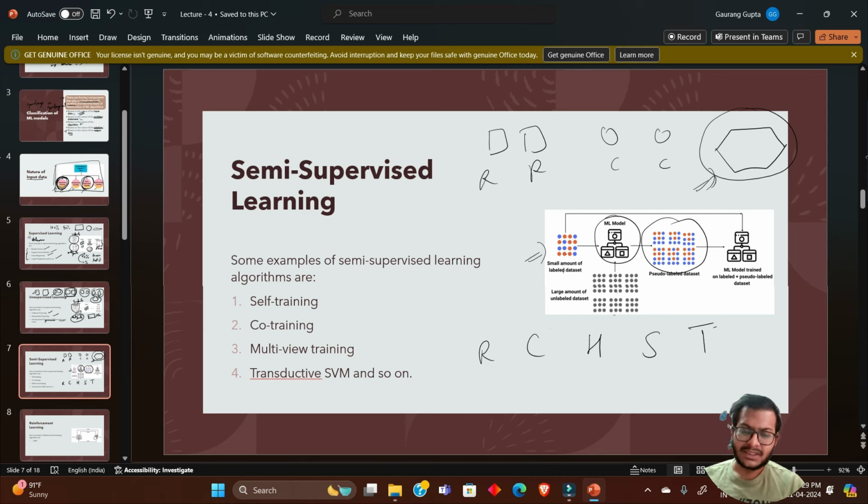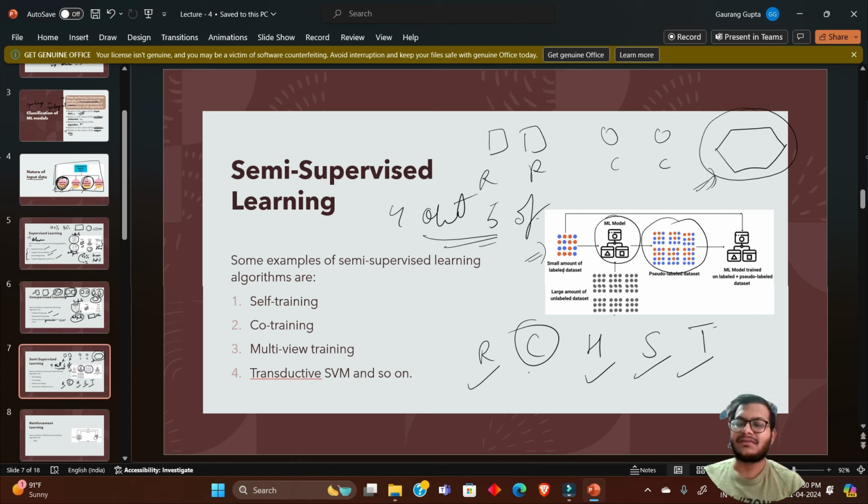Now I have labels for rectangle, triangle, hexagon, and square, but I have no labels for circle. So 4 out of 5 we have labels for. For this fifth, we don't have any label.